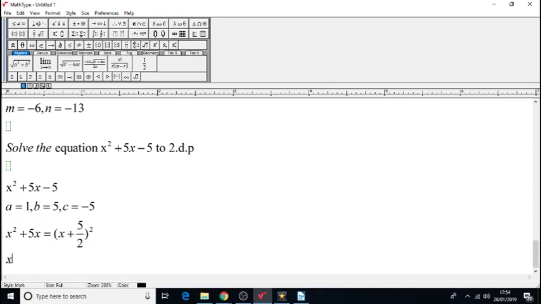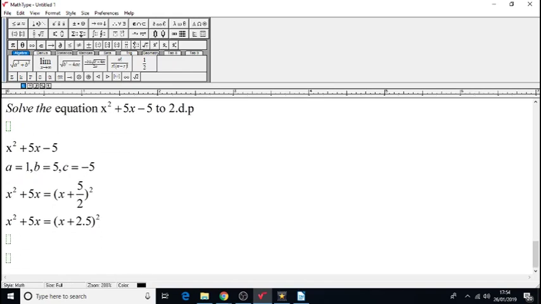We're not going to leave it in fractional form because it looks messy. So that's the same as writing x squared plus 5x is equal to (x plus 2.5) squared.